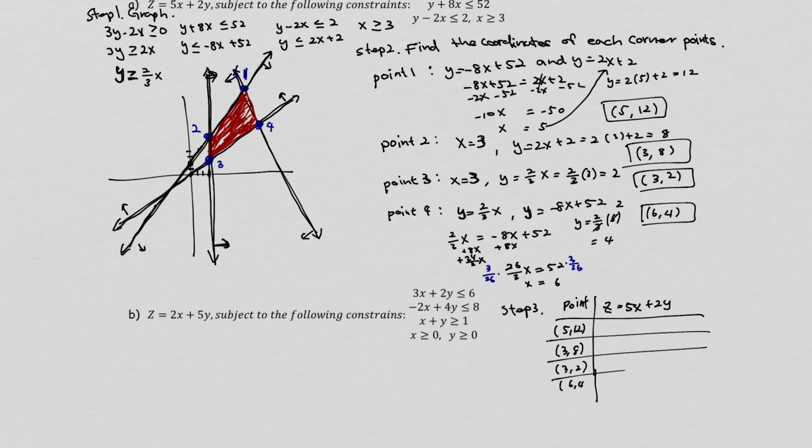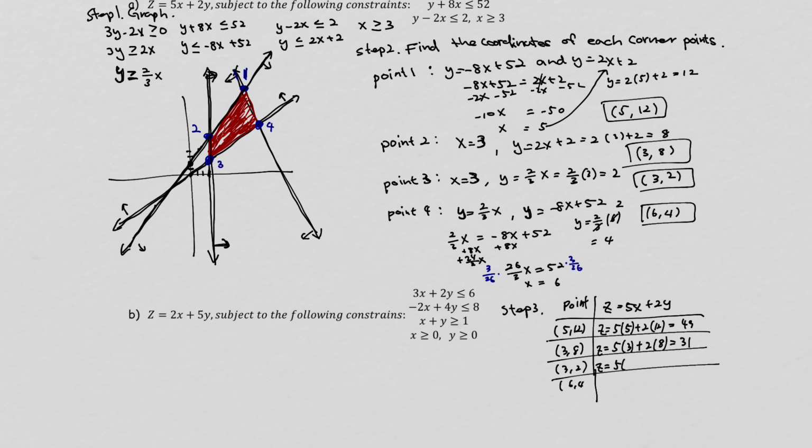So when I plug in z equals 5 times 5 plus 2 times 12, I will get 49. And then when I replace 5 times 3 plus 2 times 8, I get 31.